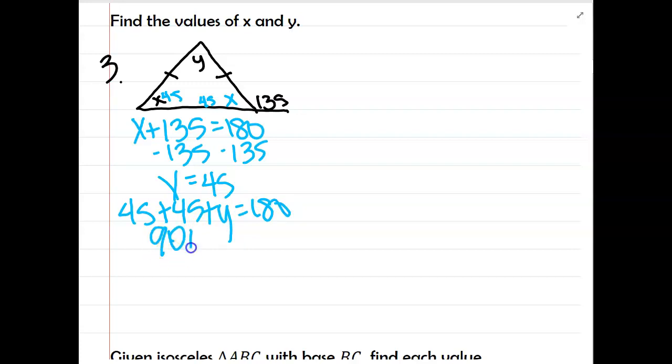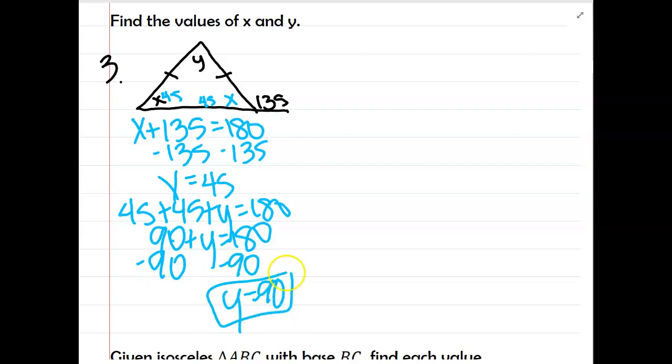So it's 90 plus y equals 180. Subtract the 90, so y equals 90. So x is 45, y is 90. Very good. Okay, number 4.